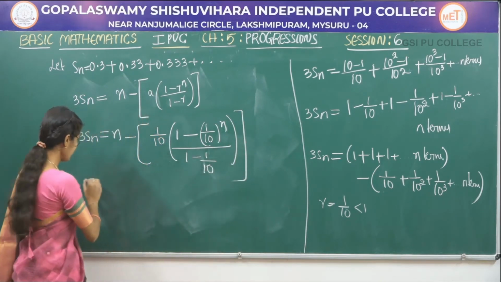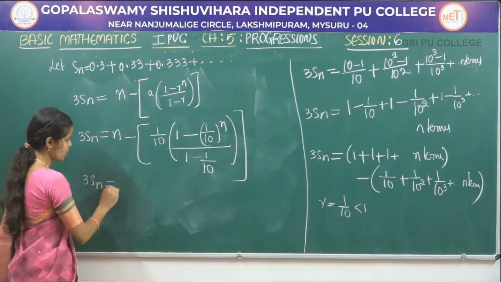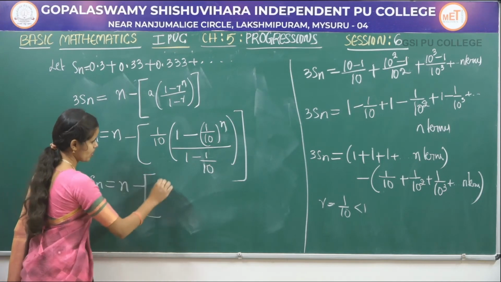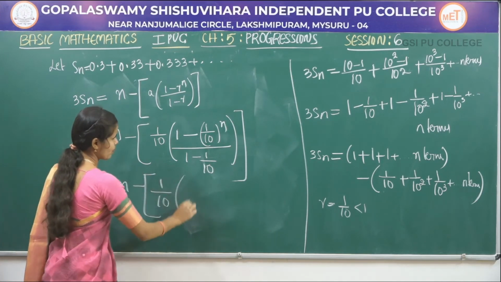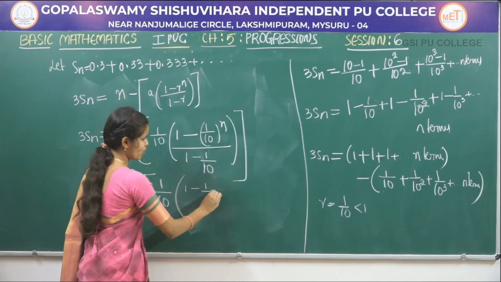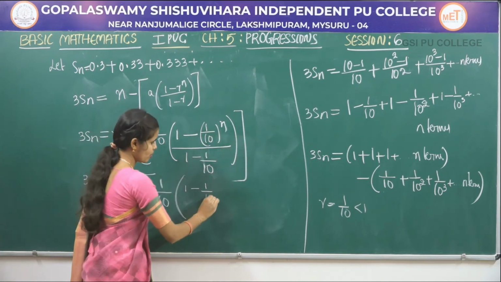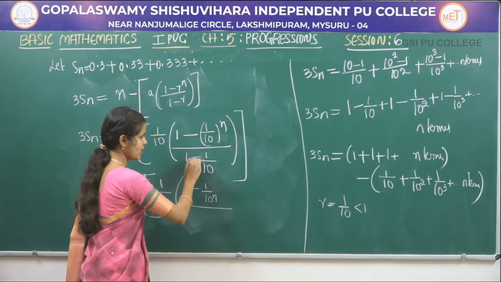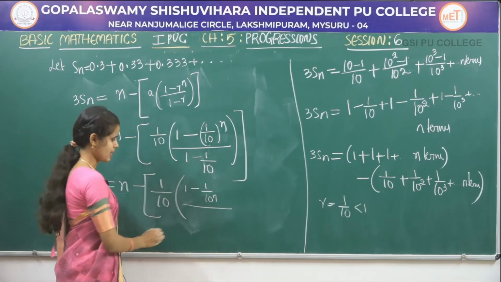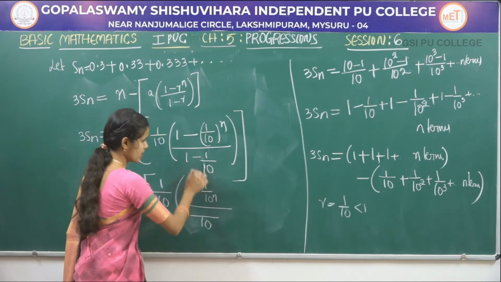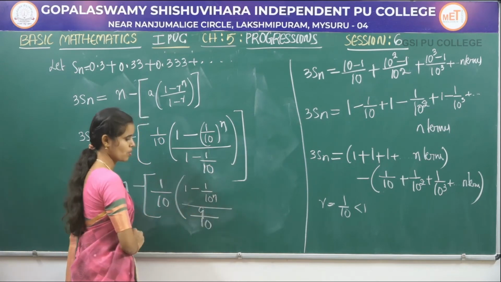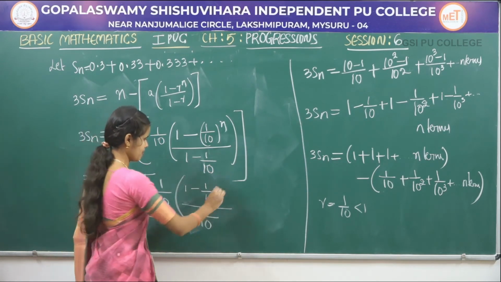Okay, next simplify. 3Sn is equal to n minus 1 by 10 into 1 minus 1 by 10 to the power of n, divided by 1 minus 1 by 10. So 10 is the LCM, 10 minus 1 is 9, so 9 by 10.